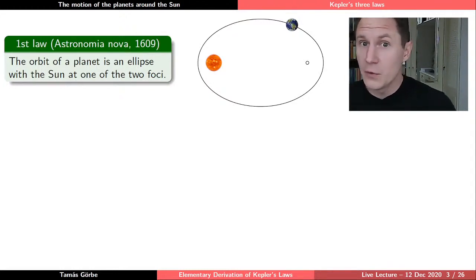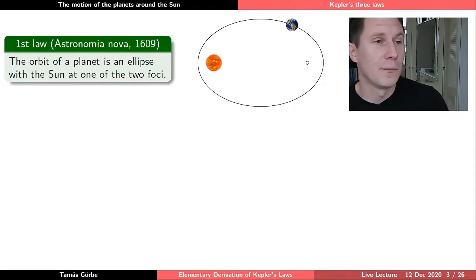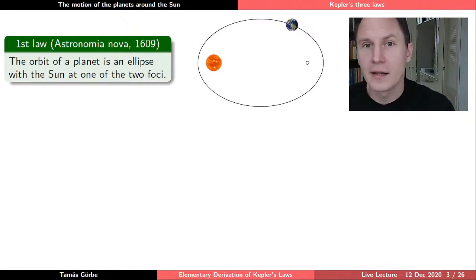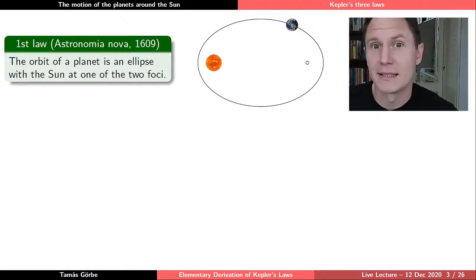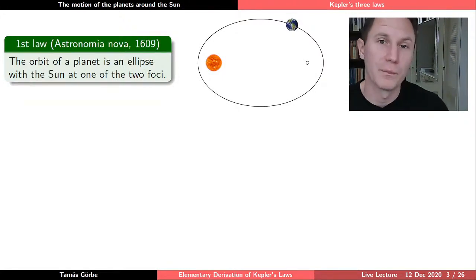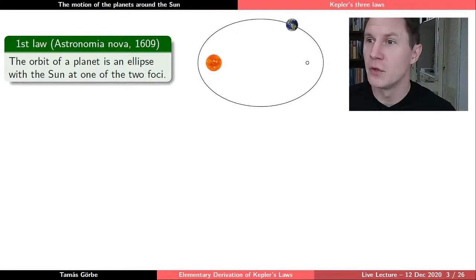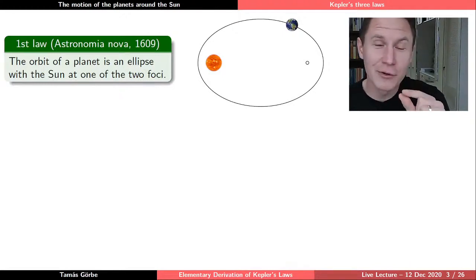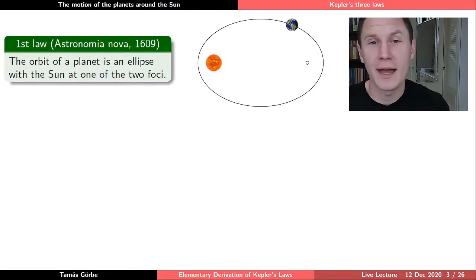But without using a telescope, he was able to collect astronomical data that were correct to 2 arc minutes. So 2 arc minutes is 1/30th of a degree. And if you know how tiny a degree is, 1/30th of that is a great accuracy.